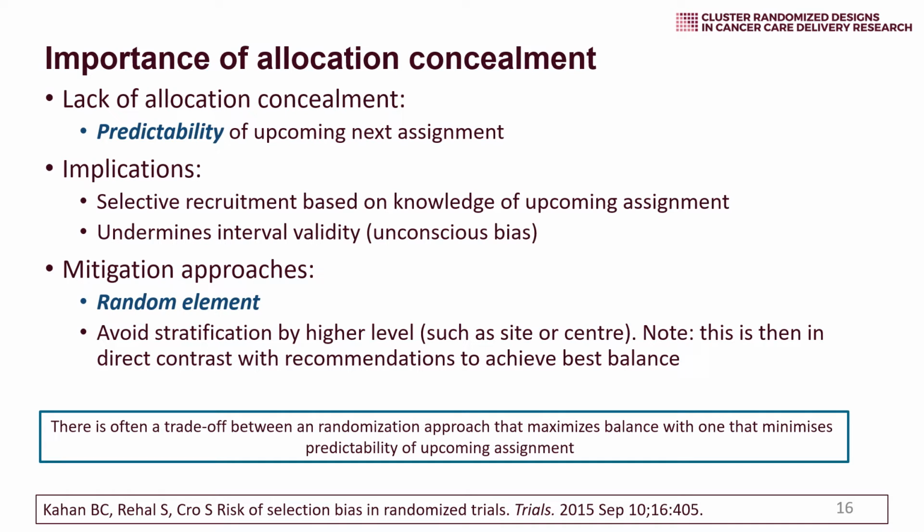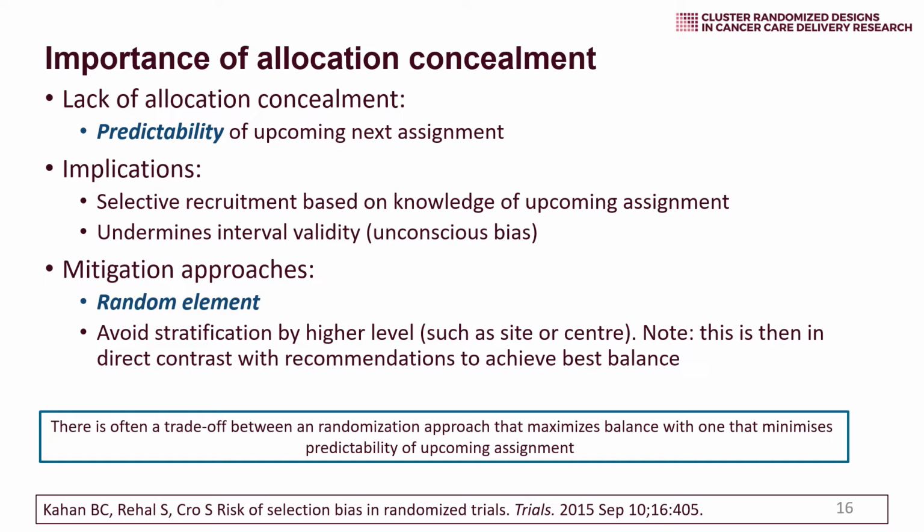So very like the selection types of biases that we talked about when we thought about recruiting individuals within cluster randomized designs. So how we get around this and mitigate these problems with lack of allocation concealment at the level of the cluster is by including a random element into any restricted method that we use. We avoid stratification by site.